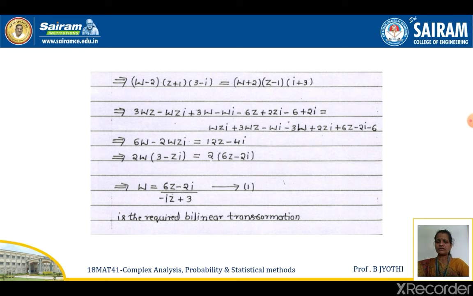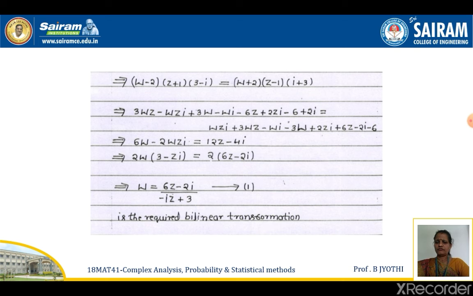On simplification in the left hand side, we are getting 6W minus 2WZi is equal to 12Z minus 4i. Again, in the left hand side, we can take a common factor, that is 2W. In the right hand side, we can take the 2 outside.